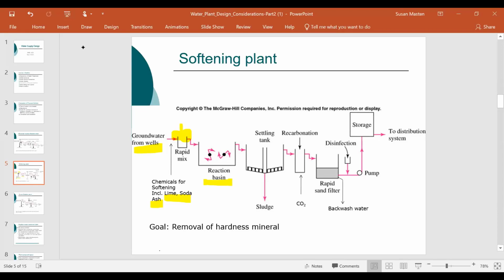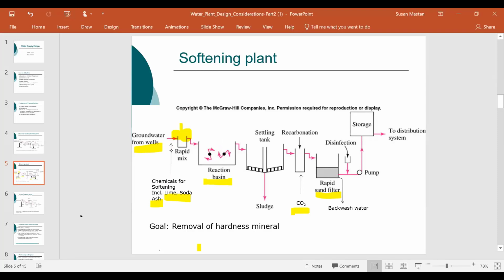We then go into often a recarbonation system. Notice here we're adding CO2. So what we're doing is we're reducing the pH. We then treat through some sort of a filtration system. It may be a rapid sand filter. There's other types of filtration we can use.